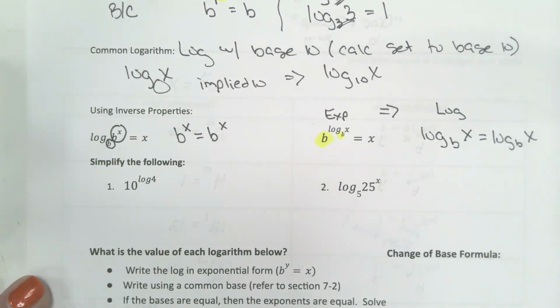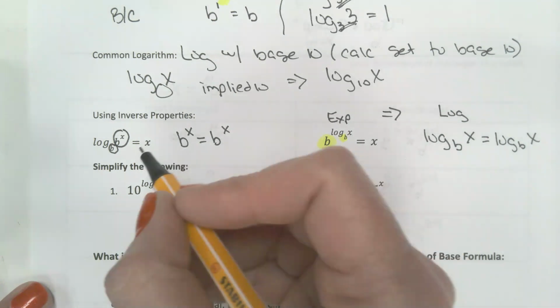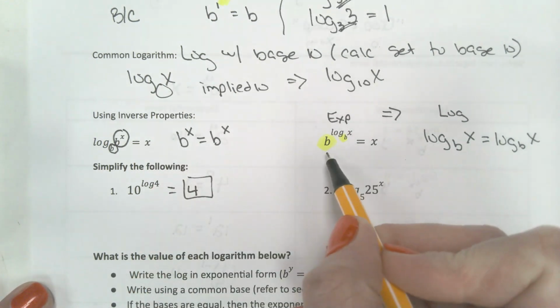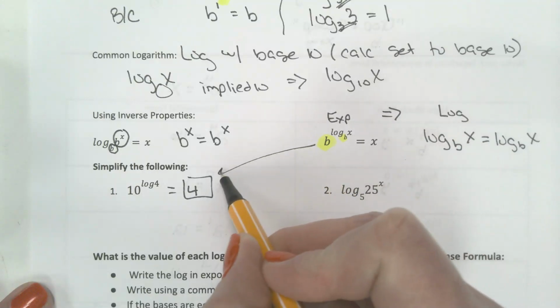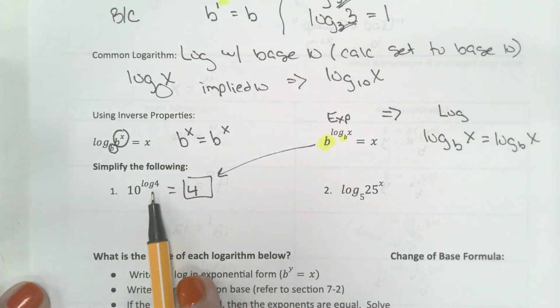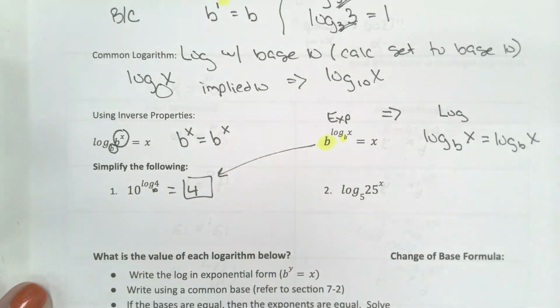Simplify the following. All right, so I have 10 raised to the log of 4. All right, so this answer I can tell you is going to be 4. Basically because you're looking at this rule over here, and that is the rule that you're applying. We also said at one point in time that if you don't have a base, that it is an implied 10.